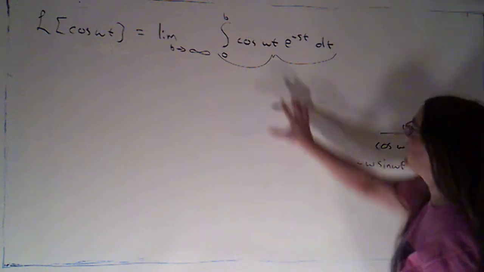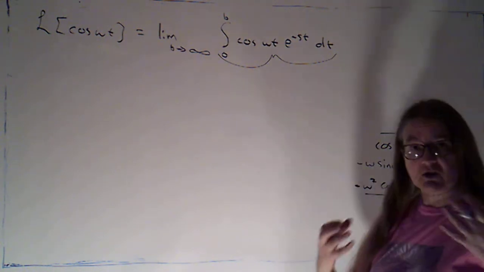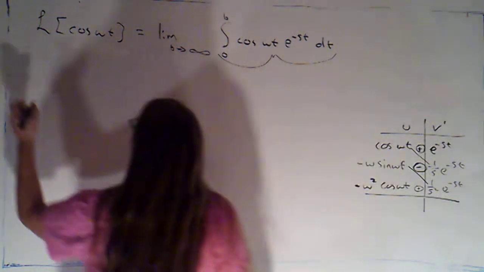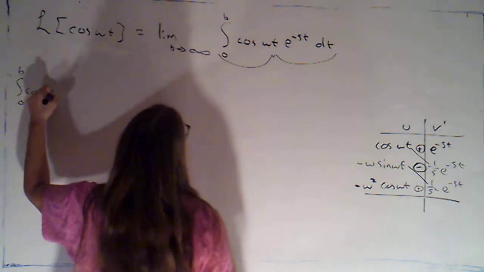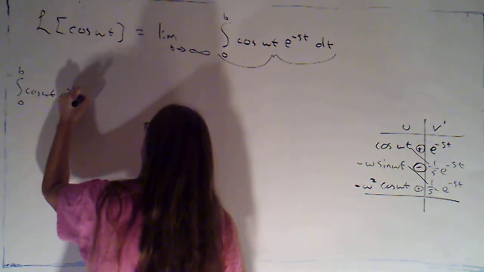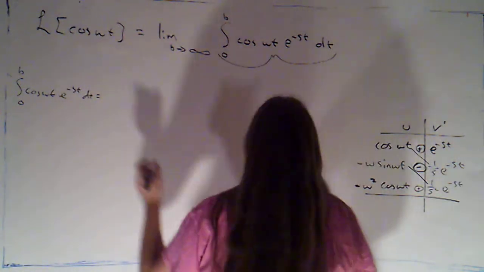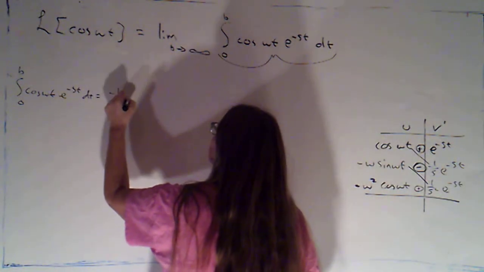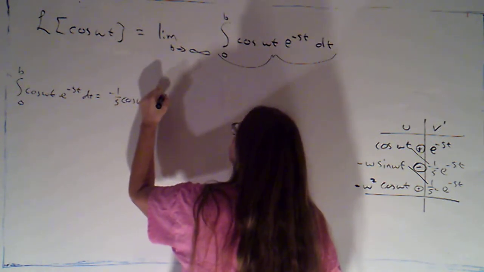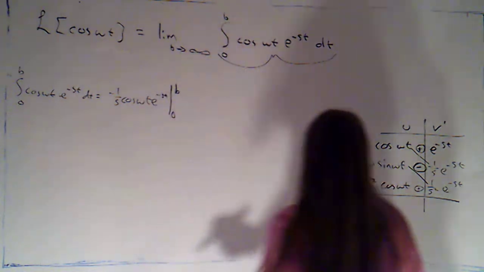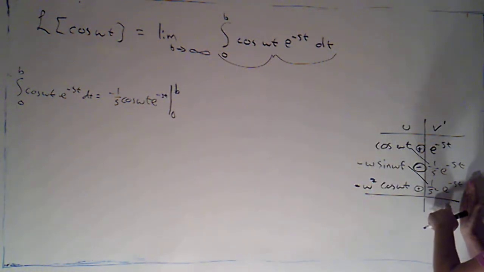What I'm going to do right now, though, is just write out what this integral is using this shortcut of tabular integration by parts. So the integral from 0 to b of cosine omega t e to the negative st dt is this diagonal product, which is negative 1 over s cosine omega t e to the negative st evaluated between 0 and b, minus this diagonal product.